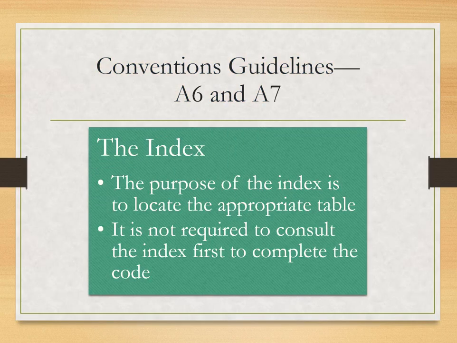All right, guidelines A6 and A7. First up, A6 relates to the index. The purpose of the index is for us to locate the appropriate table. It is the information in the table that we use to build our PCS code. According to the guidelines, it is not required that we consult the index to build our code.